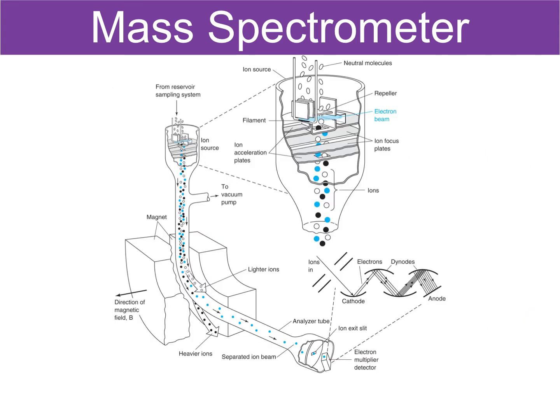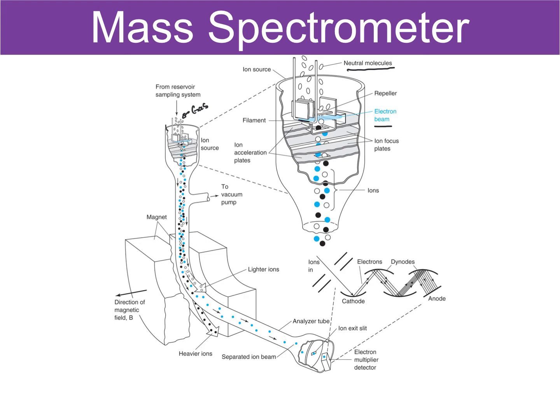Okay, so this is a little bit of a more detailed picture of what's going on. So from the sampling reservoir, we start off with our gas, and these are neutral molecules. One way of creating ions is to use an electron beam.